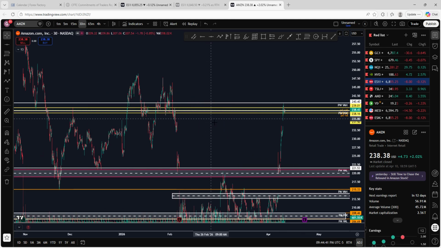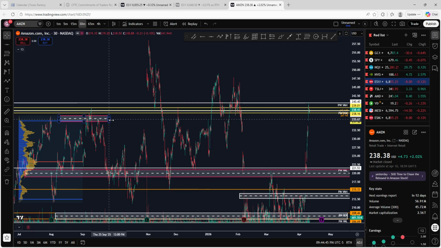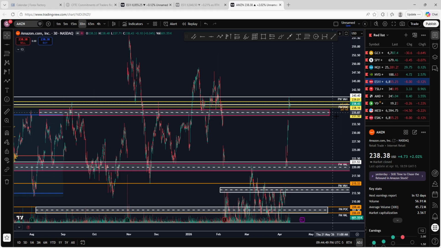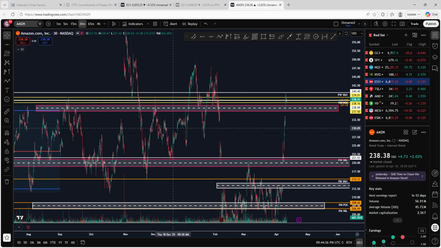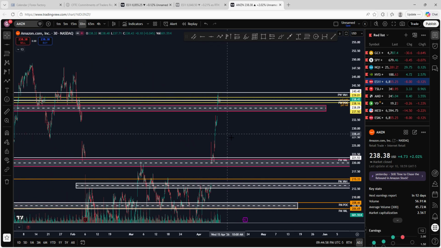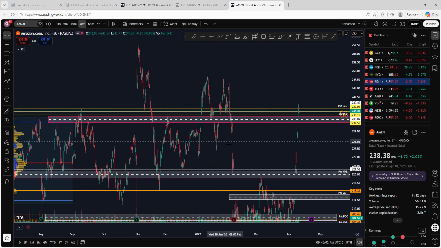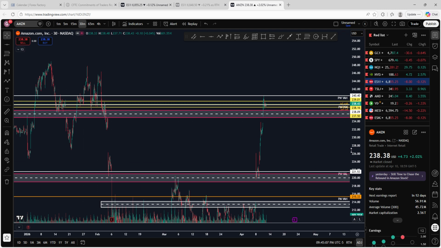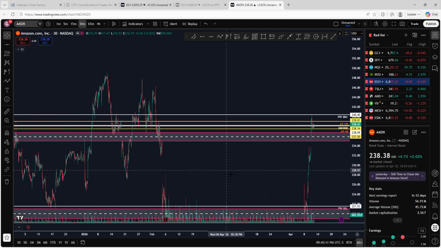Officially broken out of that. Yeah, bulls can open with a gap up come Monday here.